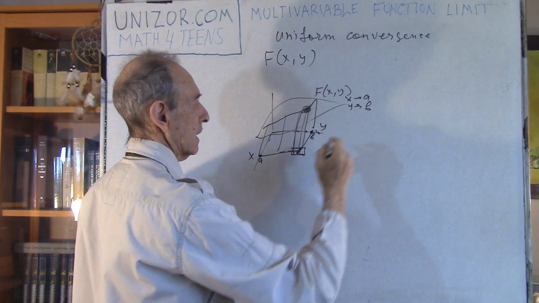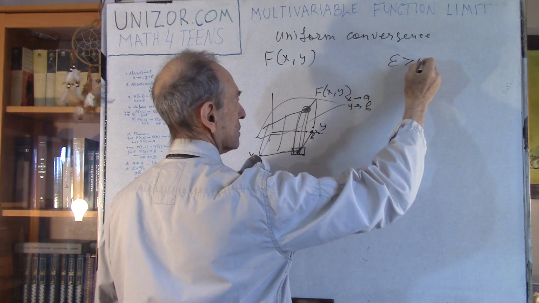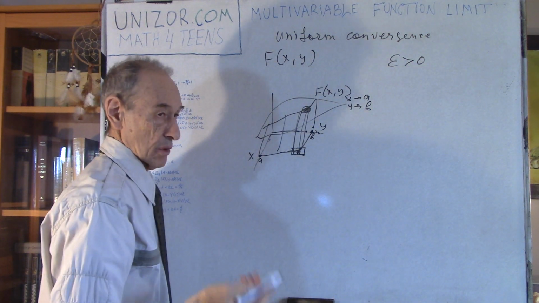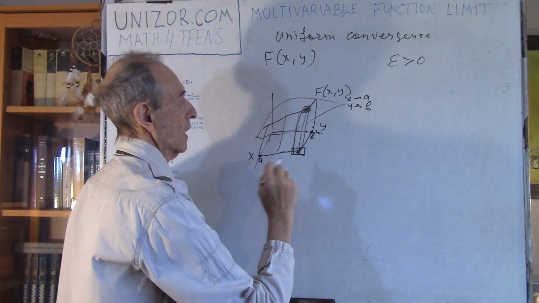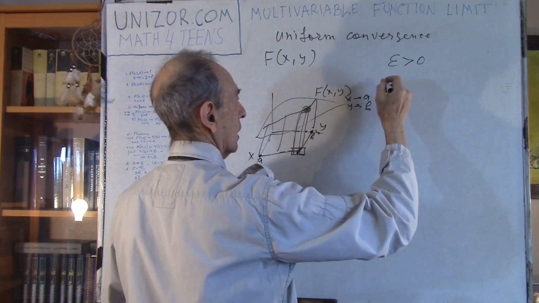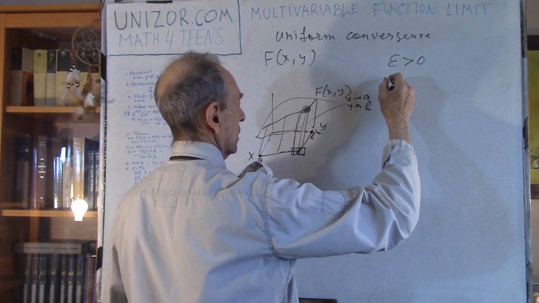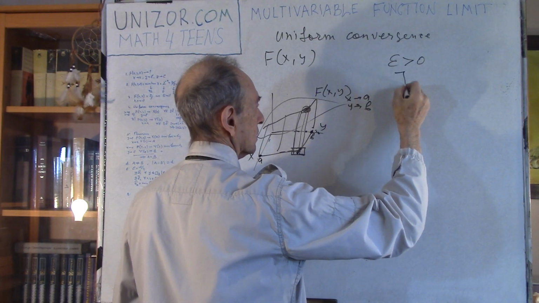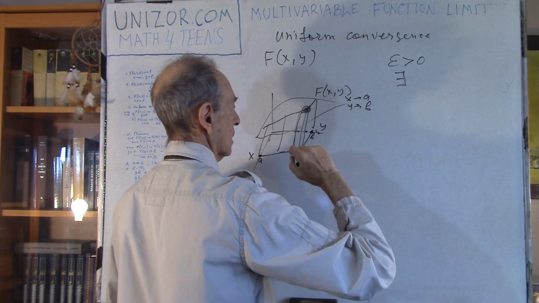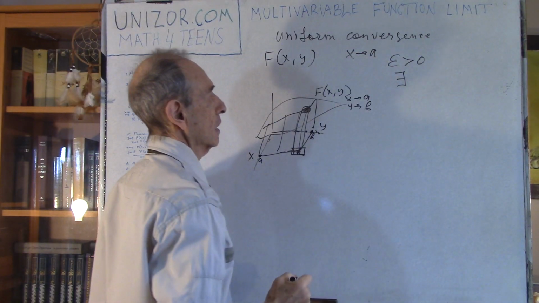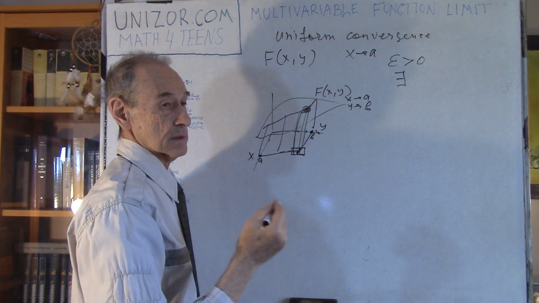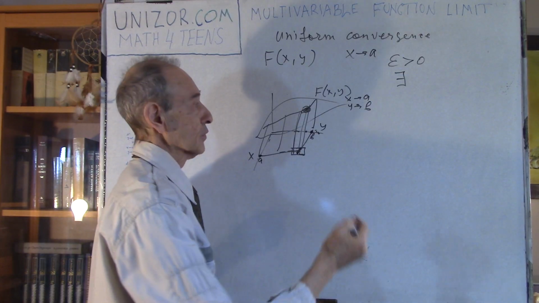If we choose any epsilon greater than 0, a neighborhood basically of this particular function, it means that there would exist... So x goes to a. Okay? Well, it means that x gets closer and closer.